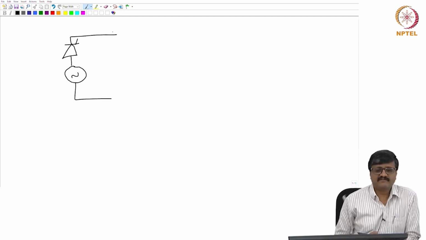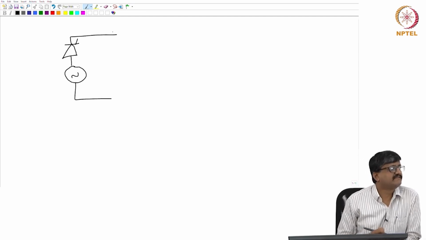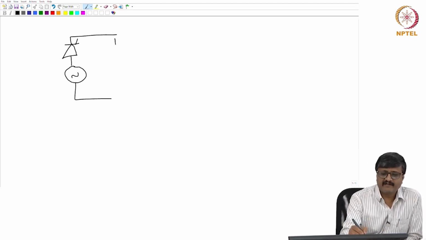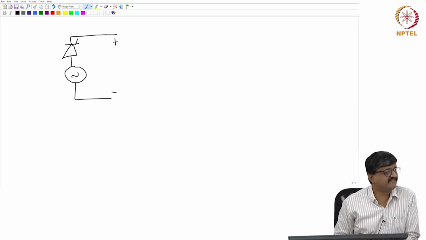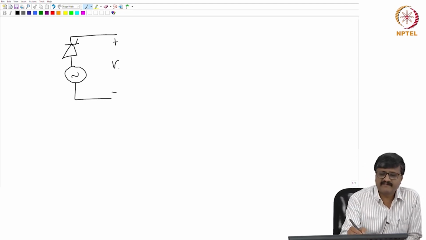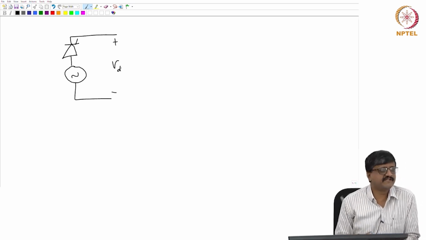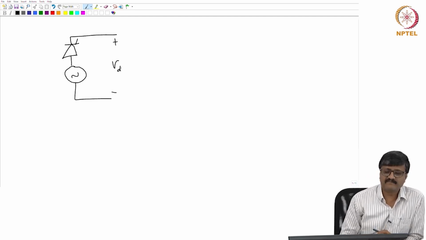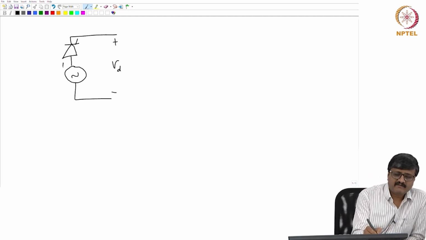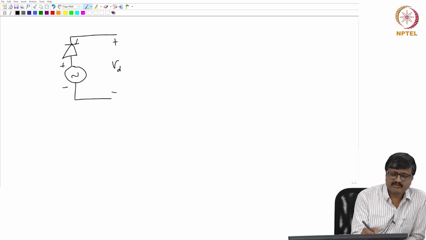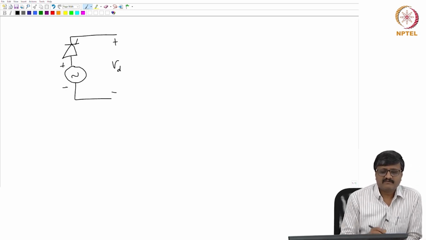Now, this itself acts as a converter where I have distinguishable AC and DC sides. Suppose I take the voltage across these two terminals as VD, V for instantaneous voltage, the subscript D stands for DC, and these two terminals, which are the terminals of the AC voltage source, are actually the terminals of the AC side.